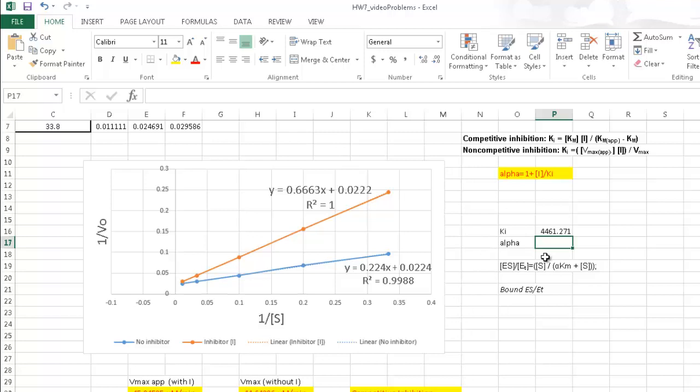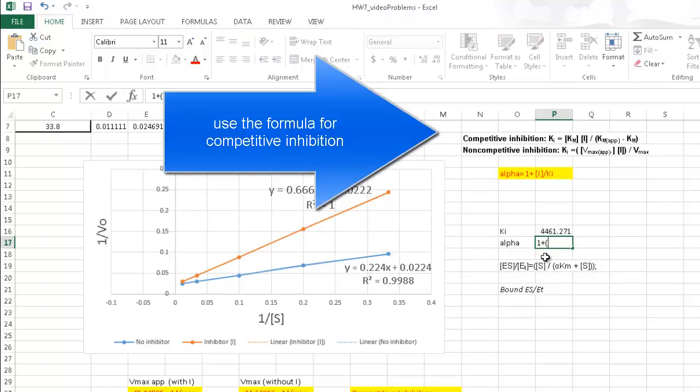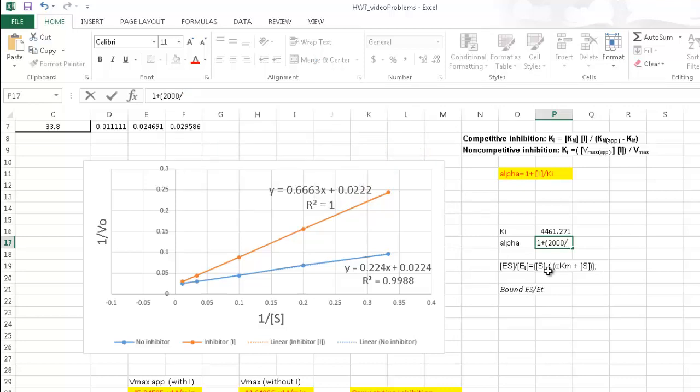So alpha is going to be 1 plus inhibitor concentration, which is 2000 micromolar, divided by Ki, which we already determined, Ki being this value. So the alpha value, or the modulating factor, which determines again to what degree this is going to be shifted counterclockwise, is going to be 1 plus the ratio of the inhibitor concentration divided by the affinity constant.